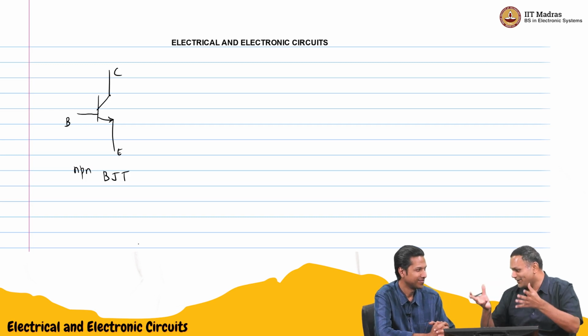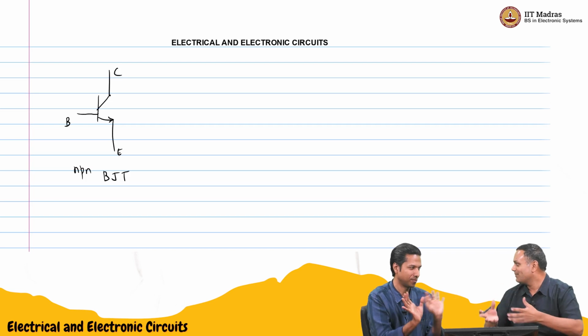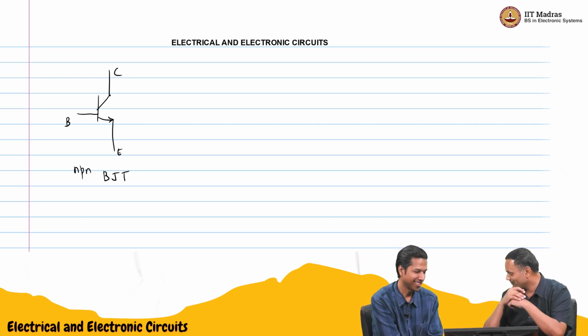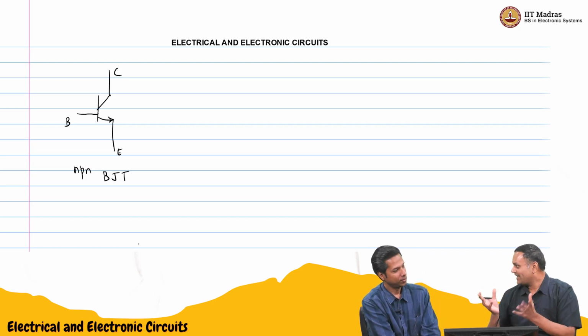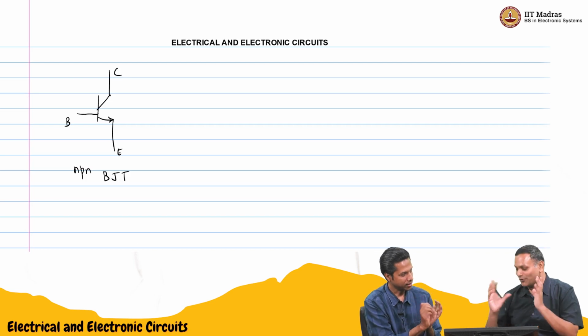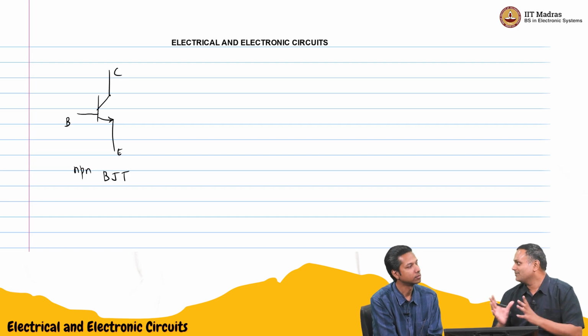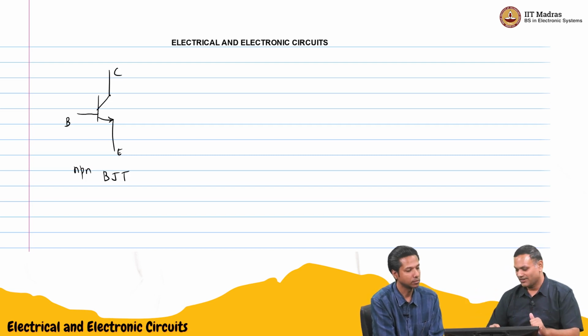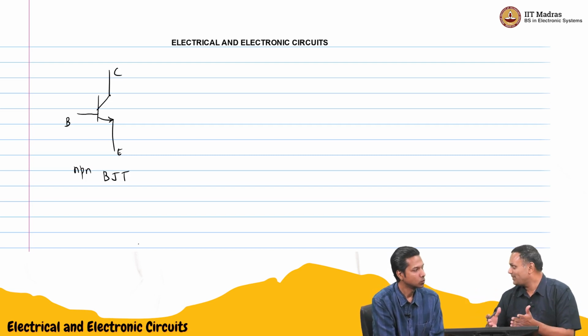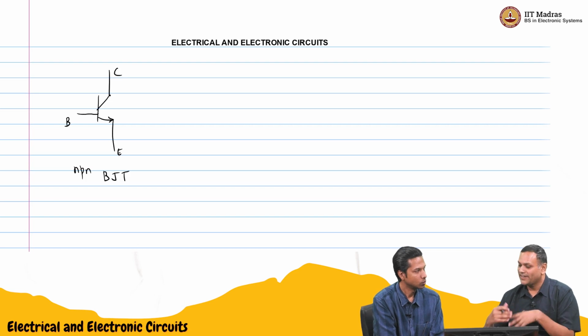I want to collect them. I need to put it inside a big tub or a bigger vessel. I want to collect from all the sides. So I'm thinking the collector should look like something that is all around. And in fact, a real, good BJT very often is built like that.